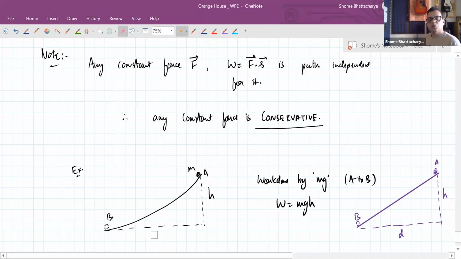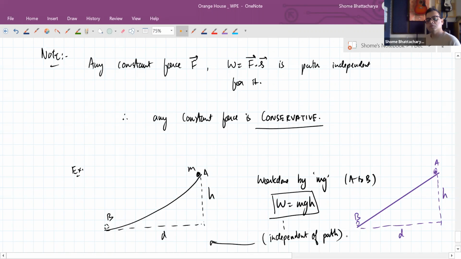You can see the work done is the same in both the cases or in any other path. This is independent of path. So when we consider work done by gravitational force, it has to be a conservative force, because it's a constant force at the surface of the earth. So this is our first example of conservative force.